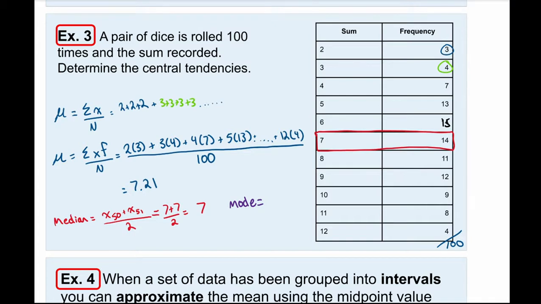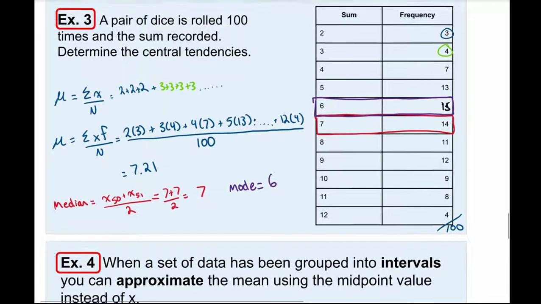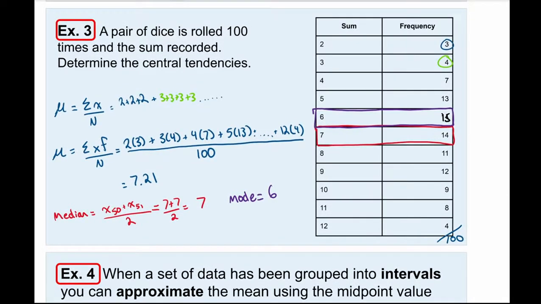So if I look at the mode with that quick typo adjustment, the mode would be 6 because it occurs the most. So again, that's just how we would work through when we're dealing with a frequency table.